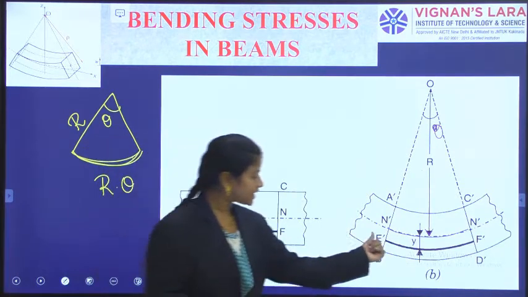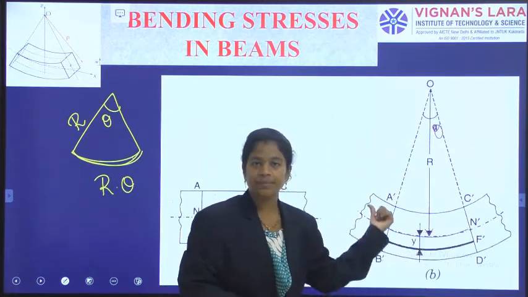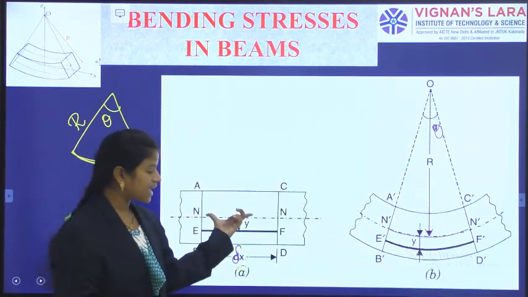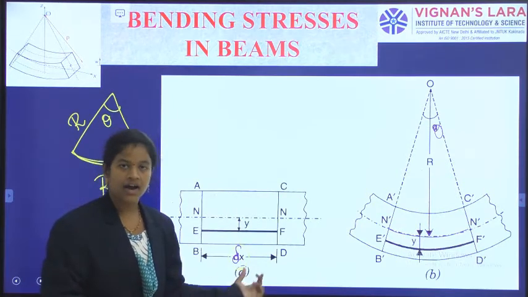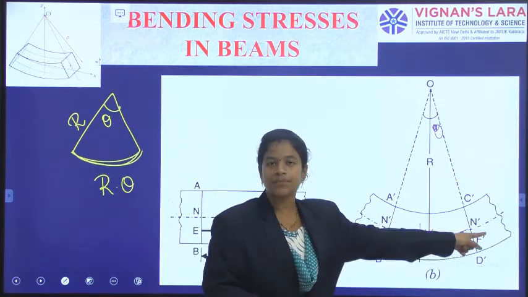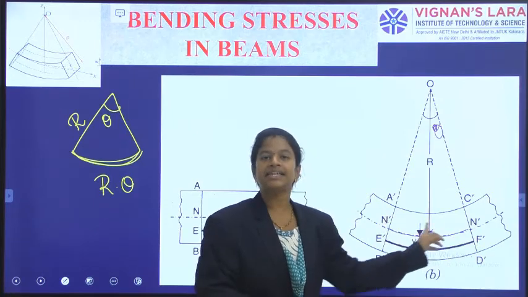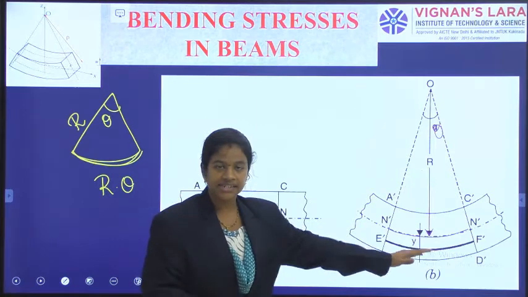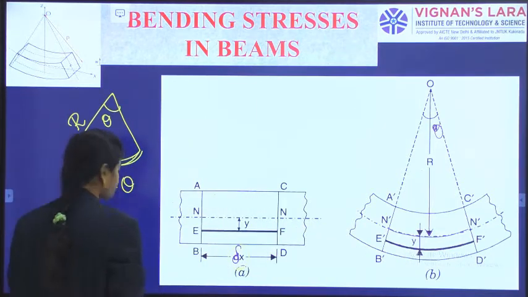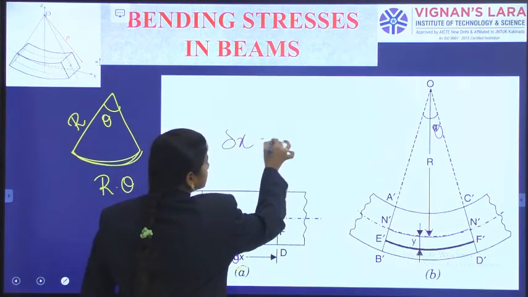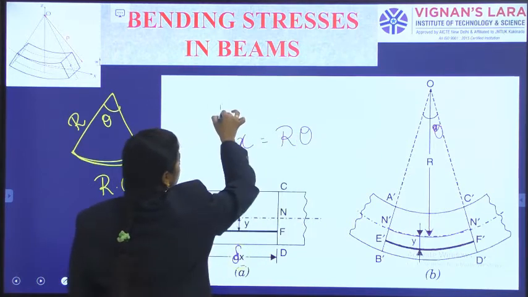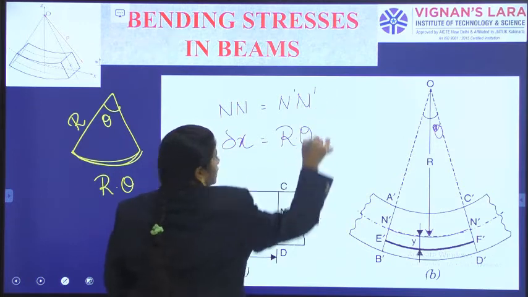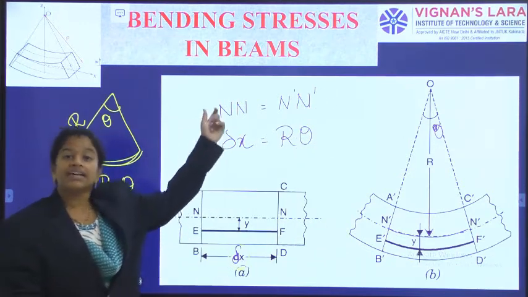After that, it has taken a new shape and a new length, E dash F dash. Initially, NN is of length delta x. After bending, it has taken the shape of N dash, but its length is r theta. As NN is equal to N dash, I can write delta x is equal to r theta, because NN is equal to N dash from the neutral layer's definition.